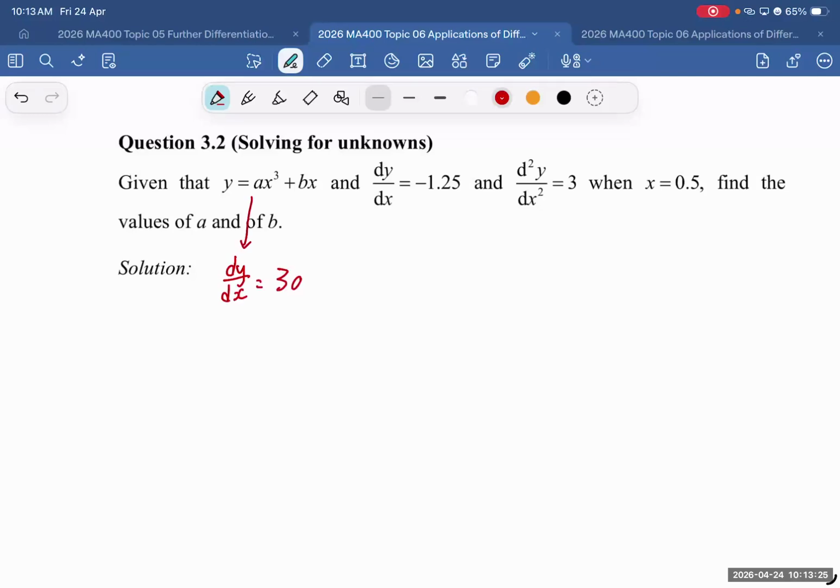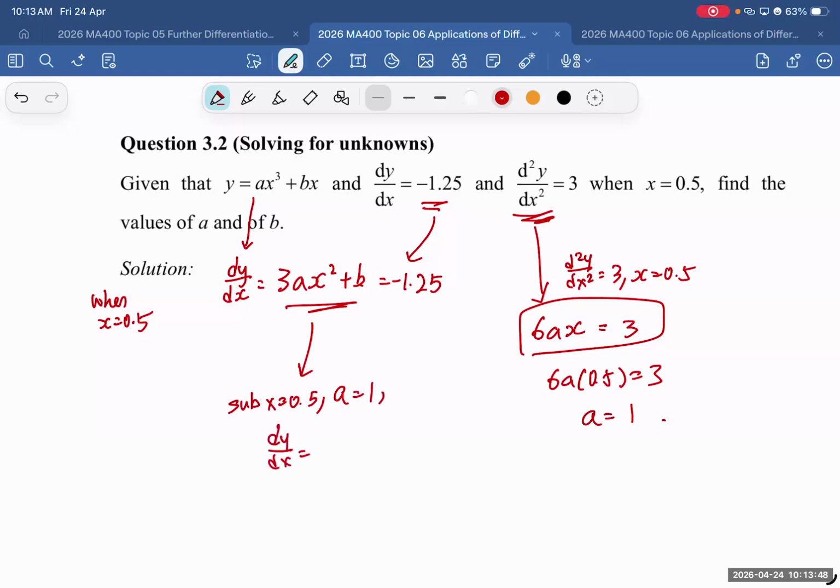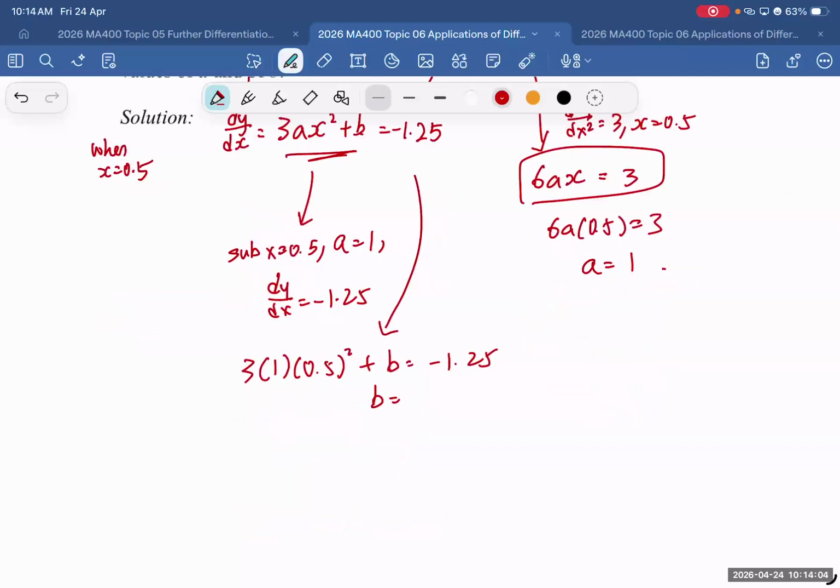So 6 times a times 0.5 is 3, a equals to 1. So here you sub x to be 0.5, a to be 1, dy/dx is negative 4.25. What do you get? 3a times 0.5 square plus b equals to negative 4.25. Your b should be, what is 3 times 0.25, 0.75? Negative 2.